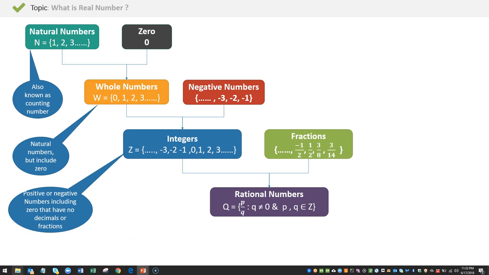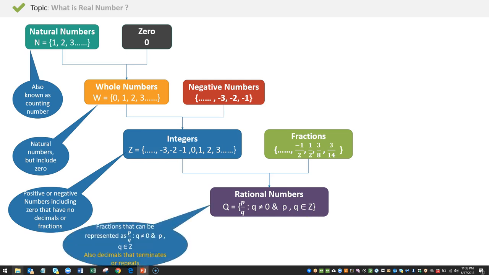So that gives you rational number. Fractions that can be represented as P by Q, where Q is not equal to 0 and P and Q belong to Z, are called rational numbers.